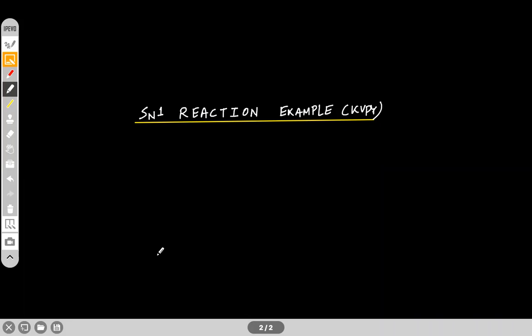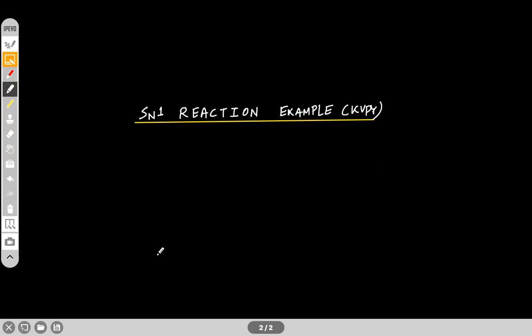Basics of SN1 I have already discussed. I have already uploaded the video of the SN1 reaction, how the mechanism goes, the number of steps involved, formation of carbocations, those things I have already discussed.